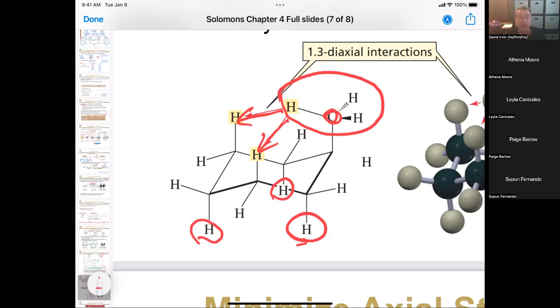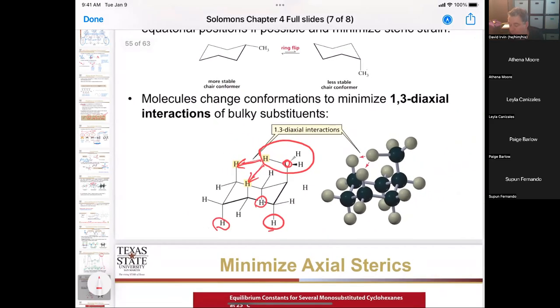So let's call this our chair 1. It's going to want to flip to our chair 2 so that the substituent is lying on the outside of the system. That makes it further away from all the other substituents, in this case, hydrogen.